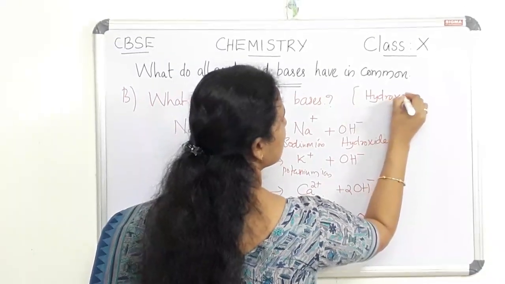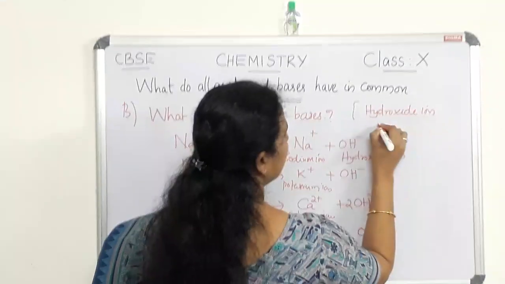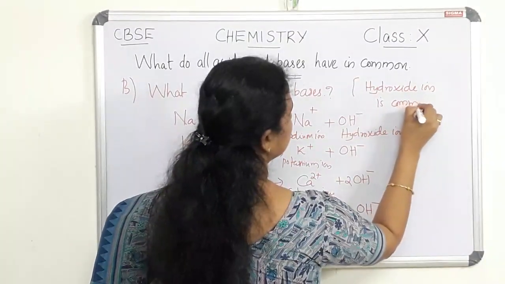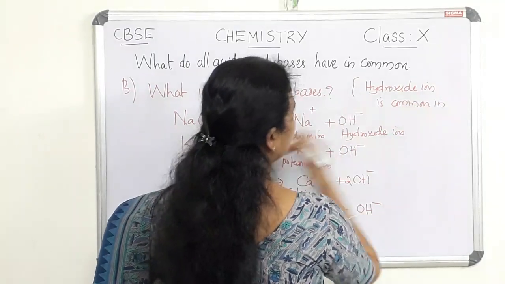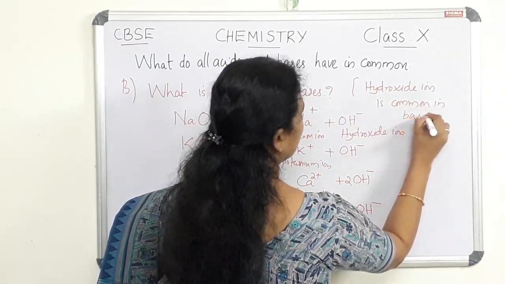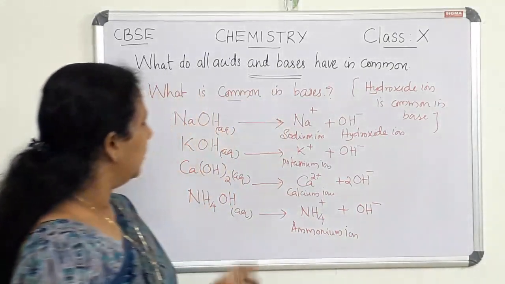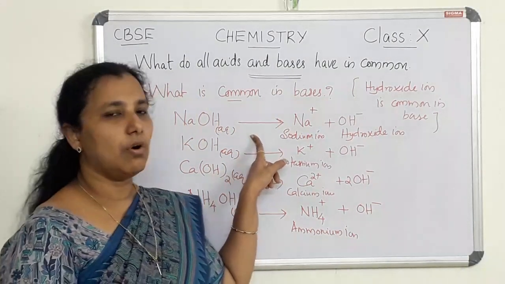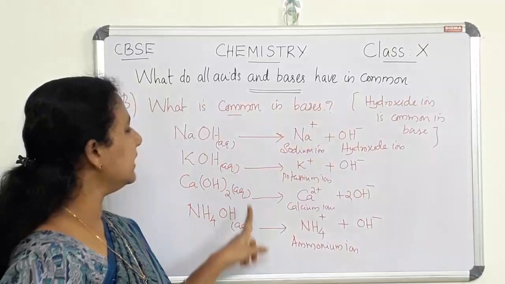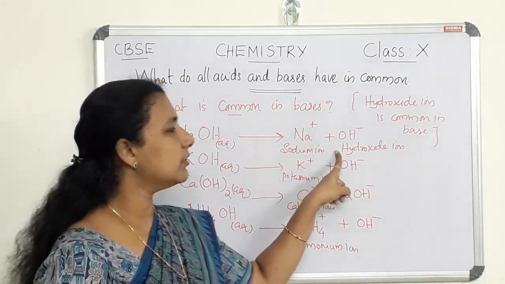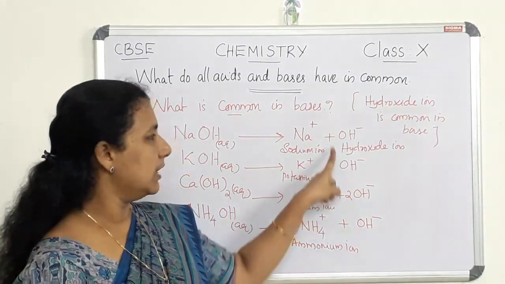Hydroxide ion is common in bases. So the dissociation or ionization of all these bases produces hydroxide ion in solution.